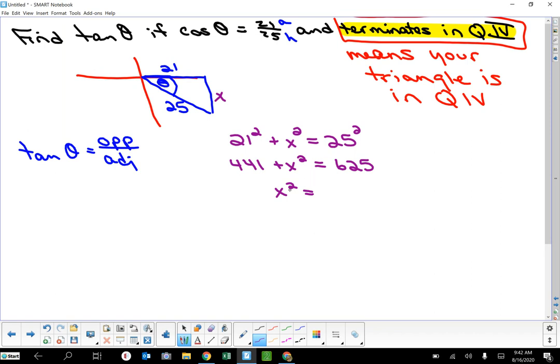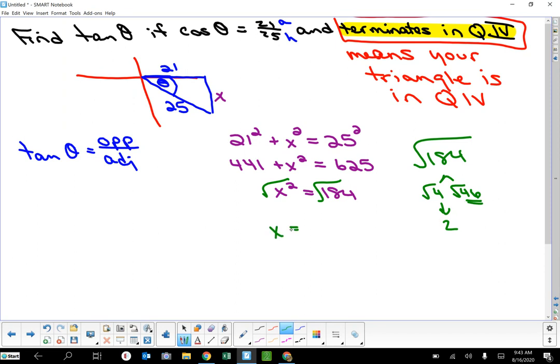625 minus 441 is 184. And then you need to take the root of both sides. So somewhere you should have the root of 184. Again, you're not turning this into a decimal. You're simplifying this thing. So rad 4 and rad 46. And the root of 4 is a 2. This will not simplify.